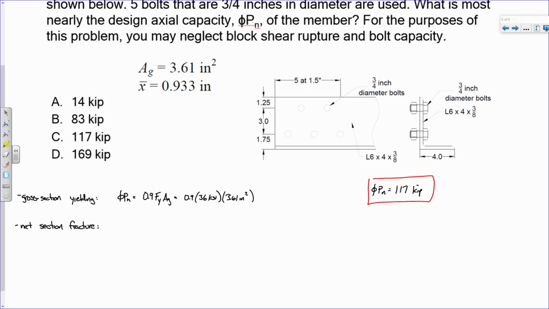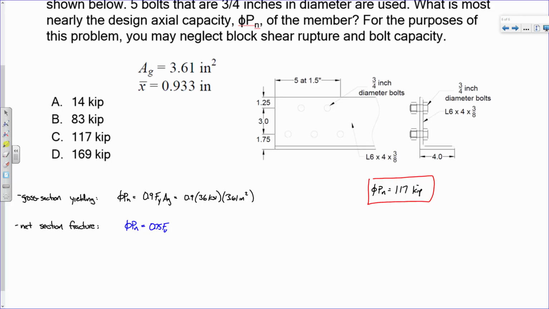Does anybody remember what the formula is? So first off, what's our phi value for net section fracture? So we take 0.75 times Fu times what? Ae, the effective net area. And how do we compute the effective net area? We need 2 quantities.